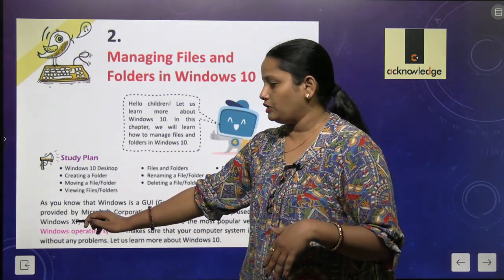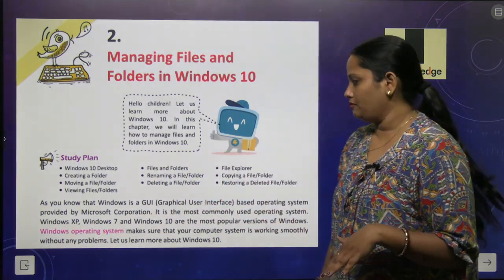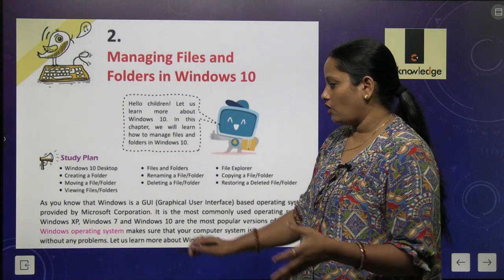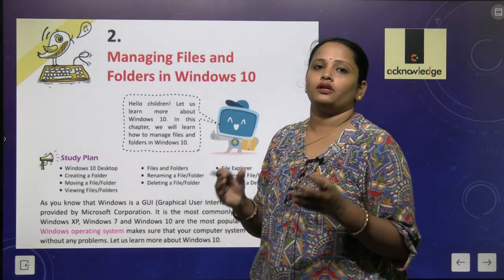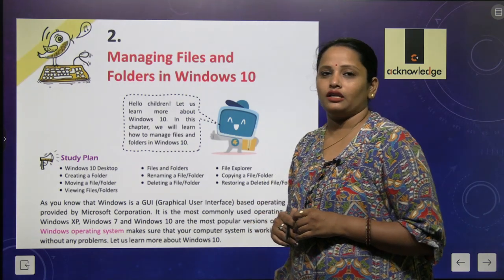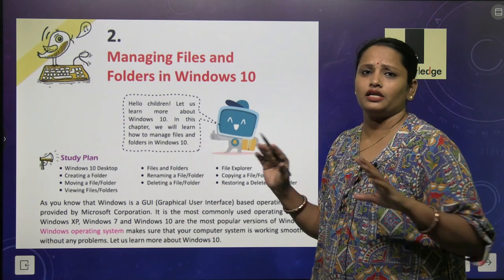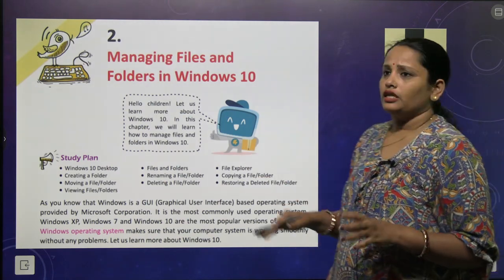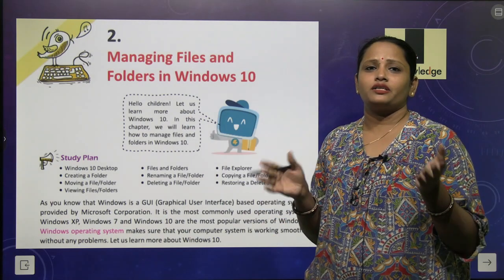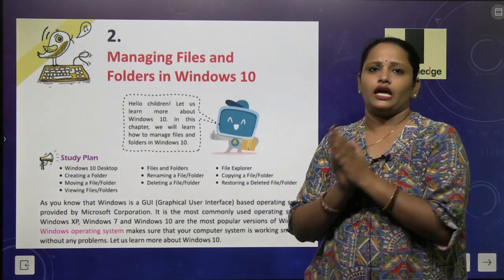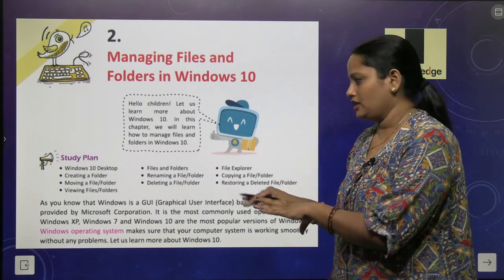Previously, Windows XP was used. Then, Windows 7 came, Windows 8 came. Now, we are doing Windows 10. The most popular version was Windows 7, because it was very easy to use and everybody can use it. But now Windows 10 has come into existence with a little bit of changes from Windows 7 and 8, but all the good changes were taken in Windows 10.